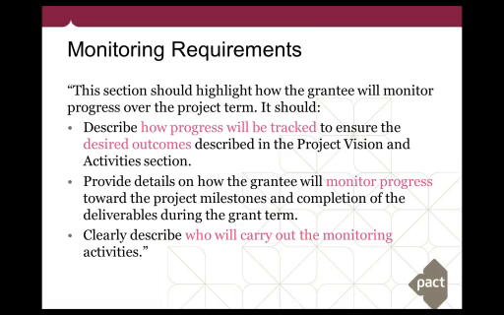You also need to describe how to track them in your proposals. Then you're going to provide details on how the grantee will monitor progress towards the project milestones and completion of deliverables during the grant term. And you also need to clearly describe who will carry out the monitoring activities. Hopefully the next few slides will help you determine how you're going to put all of these into your proposal.